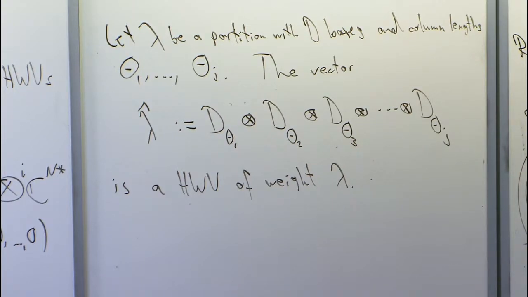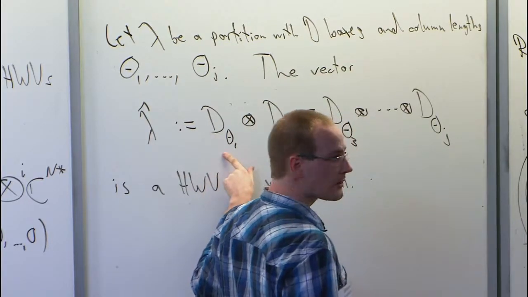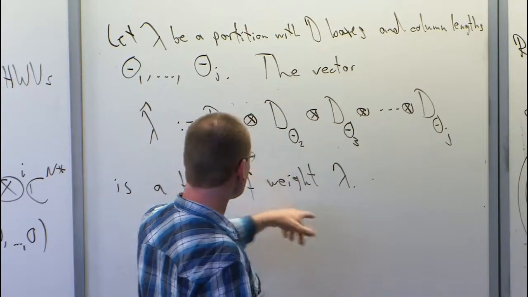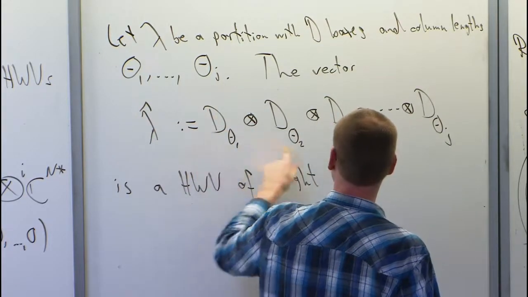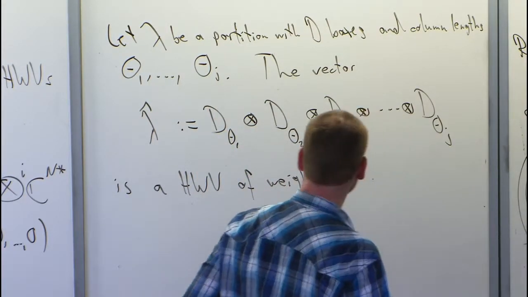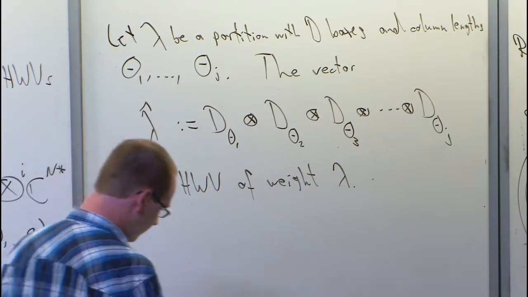You let the torus act, and you know how the torus acts on the single factors, so that gives you the correct weight. The UN invariance you also get because all the single factors are UN invariant. So this one is also a highest weight vector and has the correct weight.